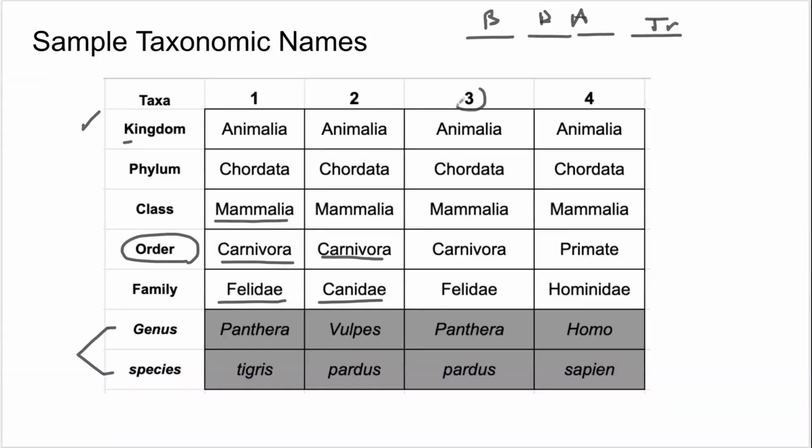Now, if we look at organism number 3, let's compare it to number 1 and see how closely they're related. Well, they have the same kingdom, the same phylum, the same class, the same order, the same family, the same genus, and then a different species. And so, I believe this is, oh gosh, I should have looked this up ahead of time. It's not that important, but it's another cat family.